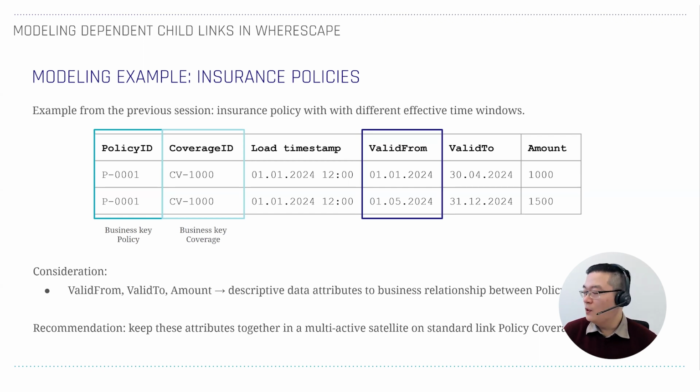Another weird thing about a model for this scenario with the dependent child link is if you put valid from to the link, then you would have a combination of policy, coverage and valid from. It's quite redundant, no? So I would recommend to go with the multi-active satellites here to answer the question at hand, right?